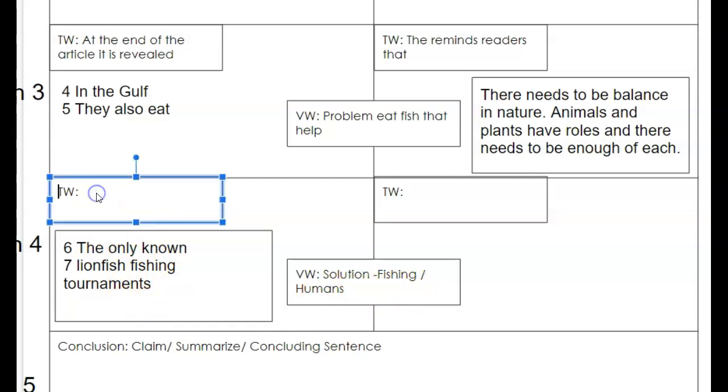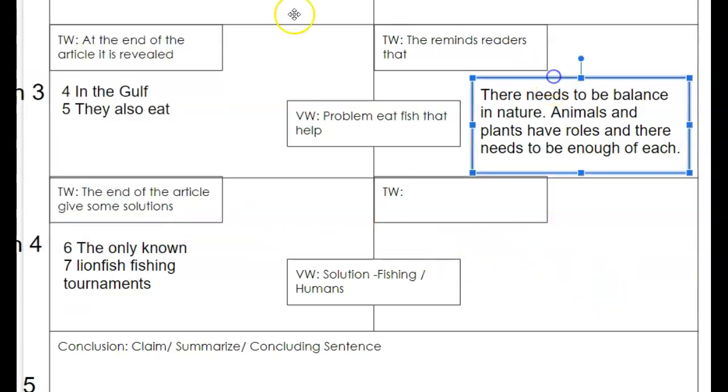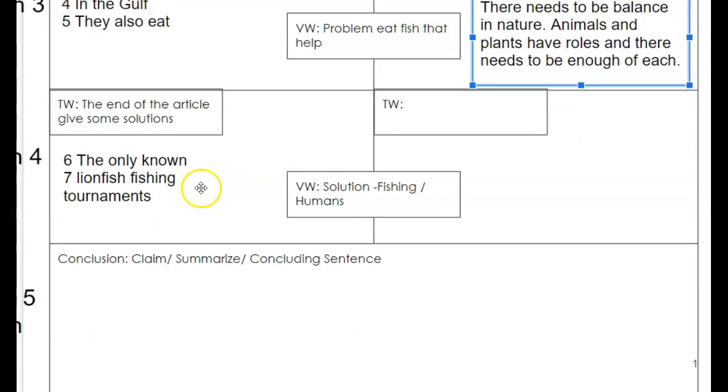And my transition words at the end, the end of the article gives some solutions, and then talk about my evidence. So now I need to add in, and do you know what? I don't really want these to be boxes. I just want them to be here for us. Now I need to think from my brain.